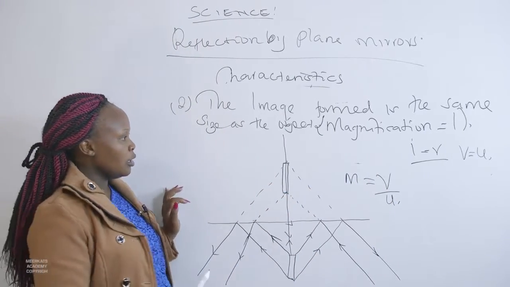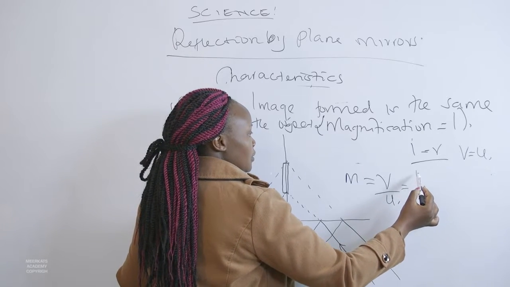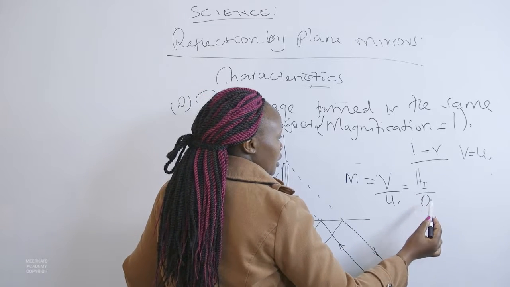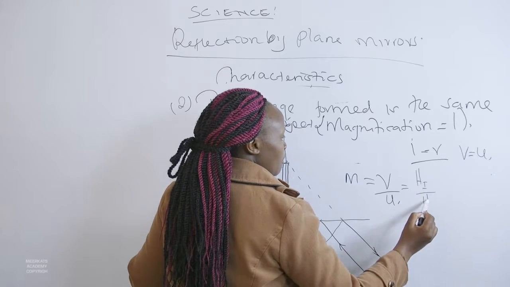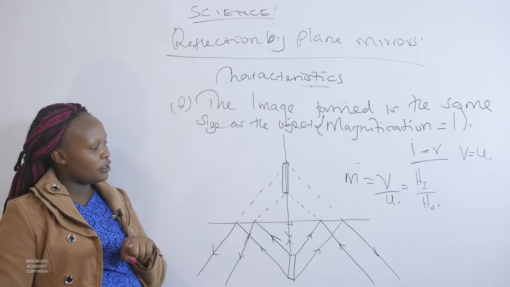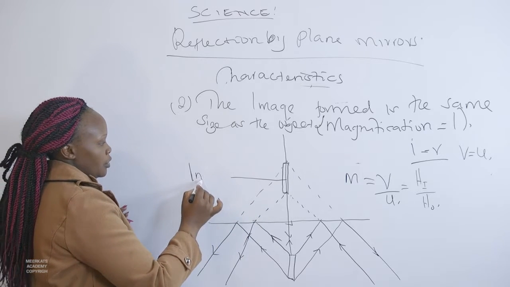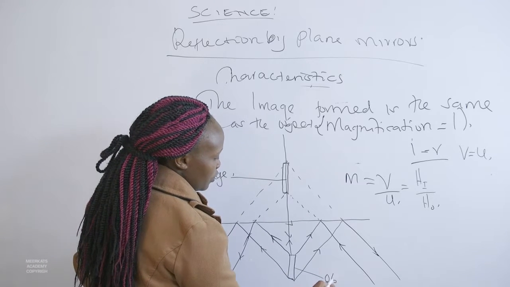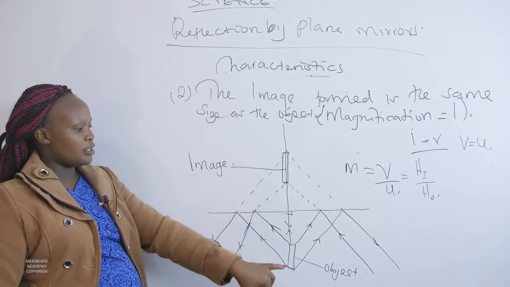The same thing will be given by image height over object height. Should give you the same thing. That is why we say that for a plane mirror, this is the image, this is the object that we want to view. The two should have the same size.